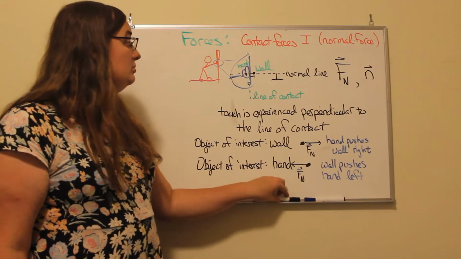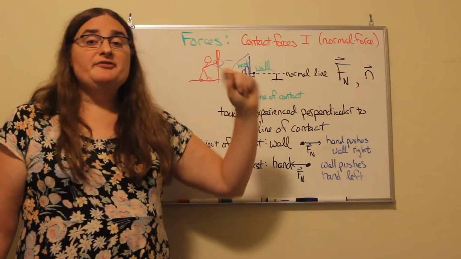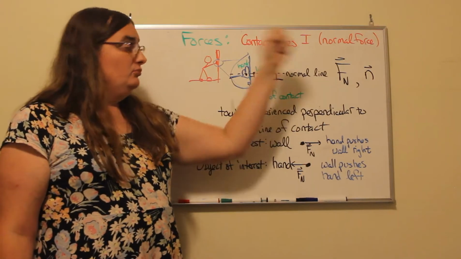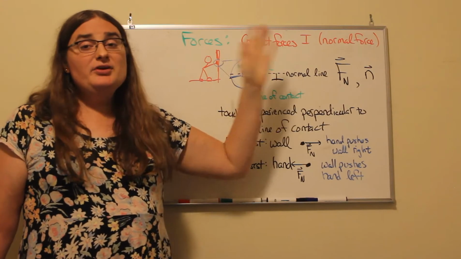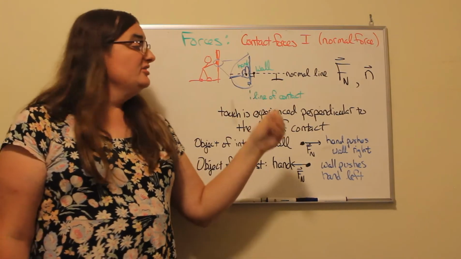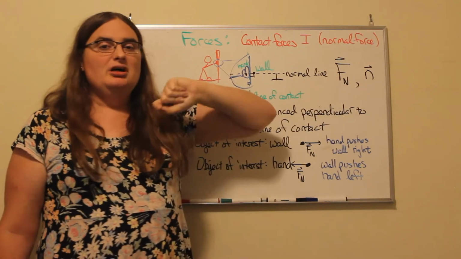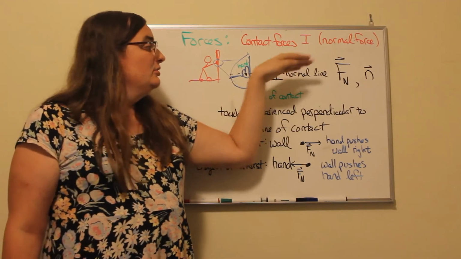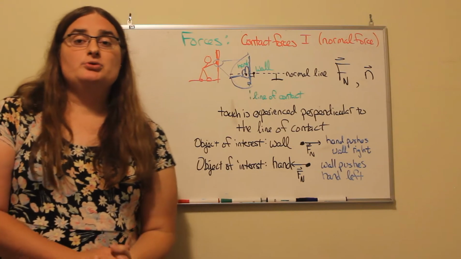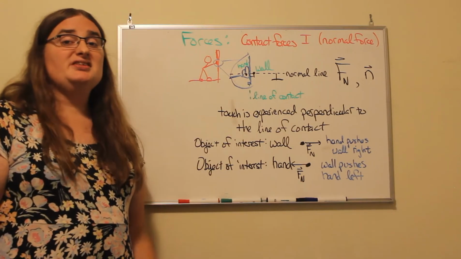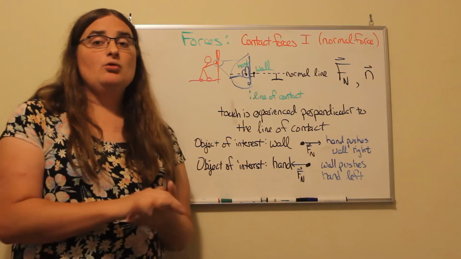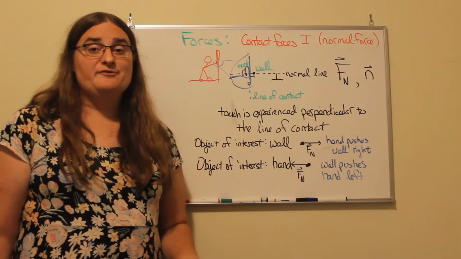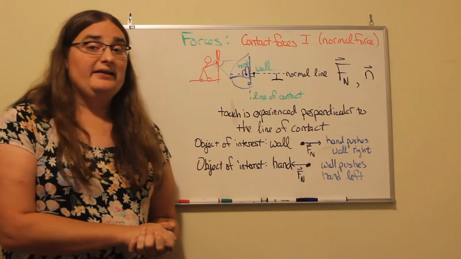Now, as a symbol, we'd use a capital F and a subscript n. Of course, it's a vector because it's a force. As one way that we could represent the normal force, some textbooks will use a lowercase n and a vector harpoon over it as their representation for normal force. So whatever mnemonic works for you for understanding that force, go with that.